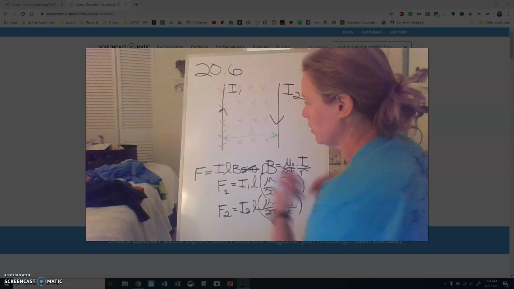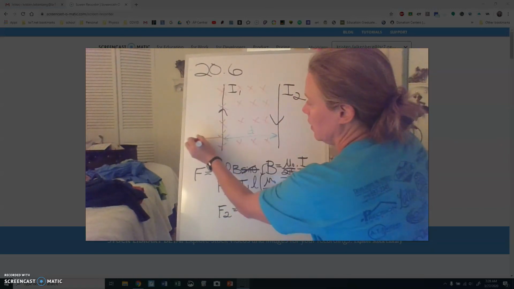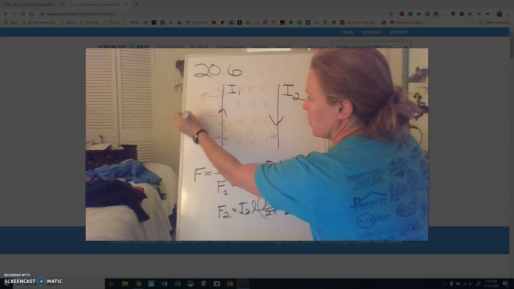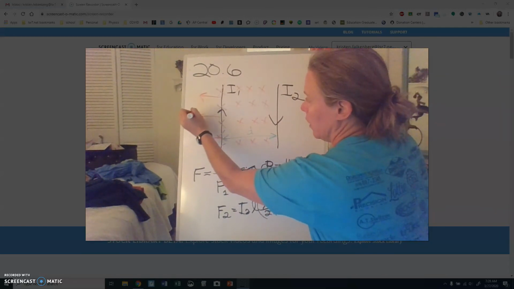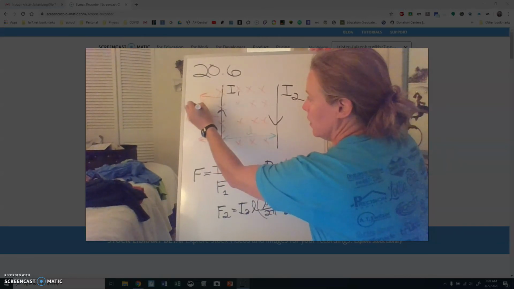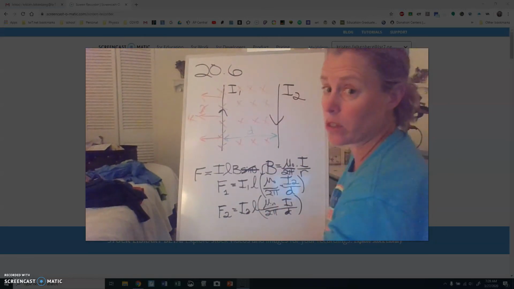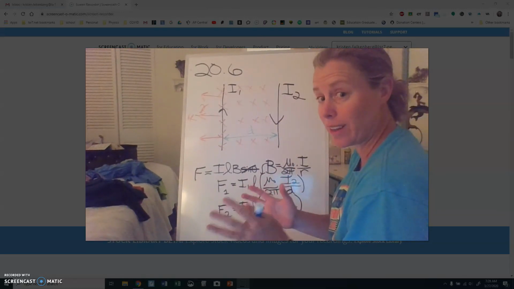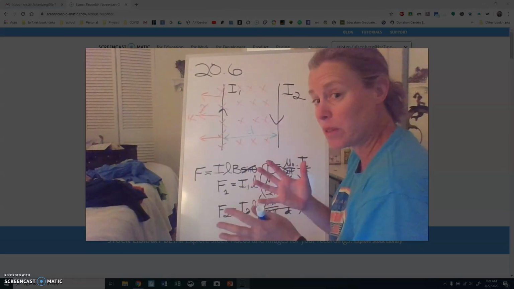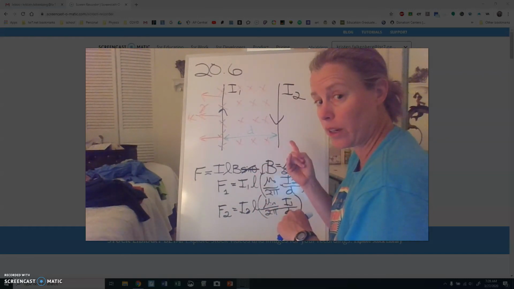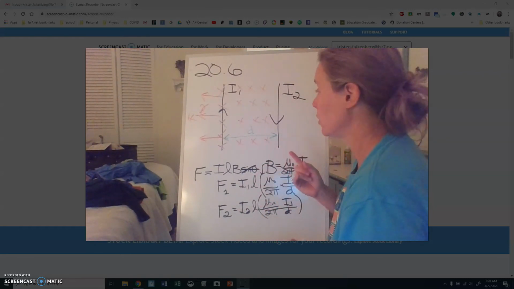So my force, right, that they'll experience, this is force on current carrying conductor 1 by 2, right? Now, you should remember that these are equal in magnitude, and then the concept from Physics 1 is opposite in direction.